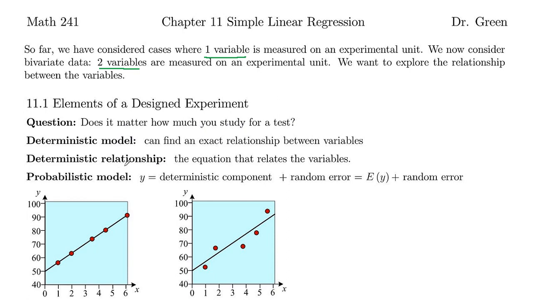And that deterministic relationship is going to be the equation that relates the variables. So in a probabilistic model, you're going to have a deterministic component and then plus some random error. So we're going to denote the deterministic component as E of y, expected value of y, the dependent variable, and then we're going to have a random error on there.